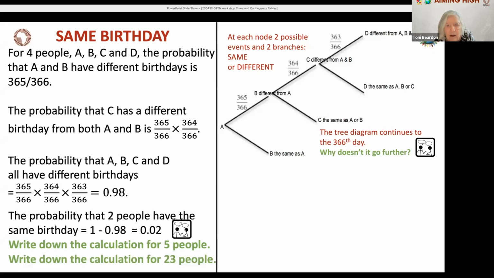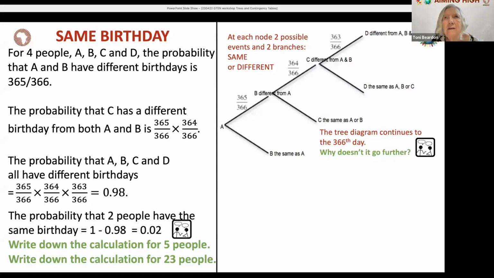And what's the calculation for 23 people? Now, we also did this one on a spreadsheet because it would have been not difficult, but tedious to do the calculation. Just multiplying one fraction by another, by another, by another.